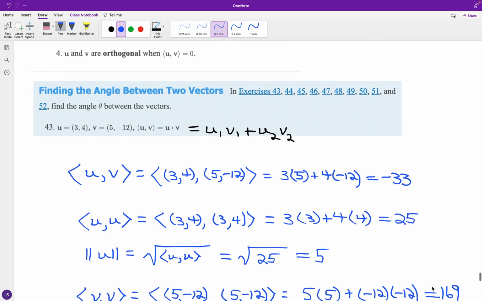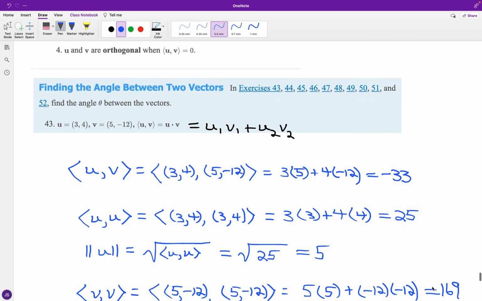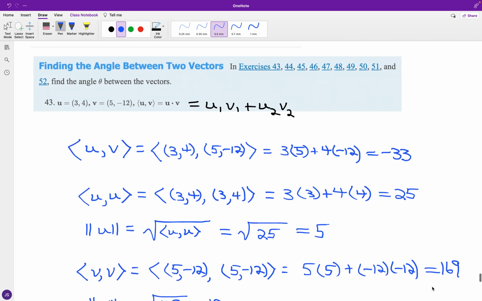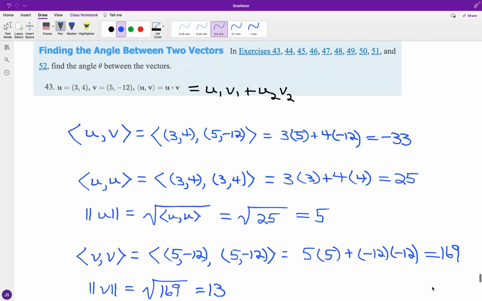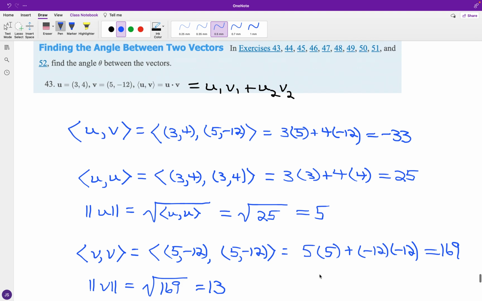So the norm, or magnitude, of u is the square root of 25, which is 5. For the norm of v, first we determine the inner product of v and itself, pairing 5 and negative 12 with itself: 5 times 5 plus negative 12 times negative 12, which is 169. The norm of v is the square root of 169, which is 13.